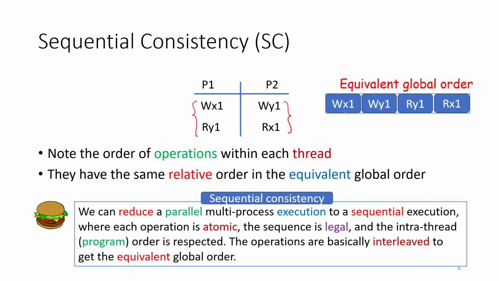So we can lay them out in an equivalent order. Of course these are two separate processes, but we can lay them out in a sequential order where it will appear that some master execution engine is choosing one operation from here, then the next, and so on. So you have Wx1, Wy1, Ry1, and Rx1. You note the order of operations within each thread.